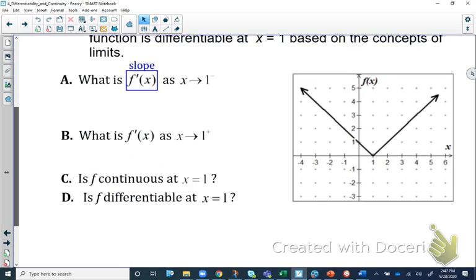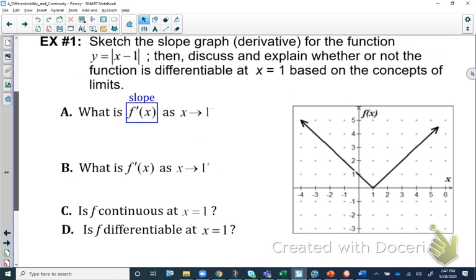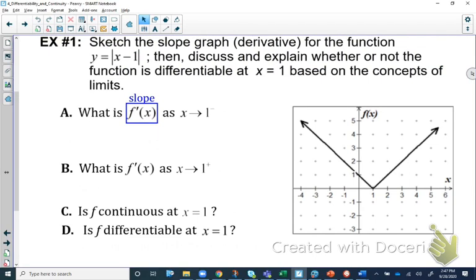We've already seen something previous to this. Here we have an absolute value parent function that's been shifted to the right one space. Earlier, in a previous lesson, you had something that looked just like this, where it asked you to draw lines tangent to a point on the function, and one of those points was the vertex.